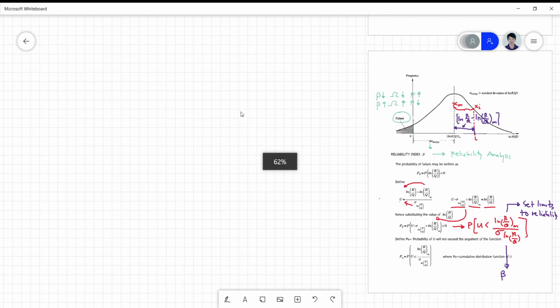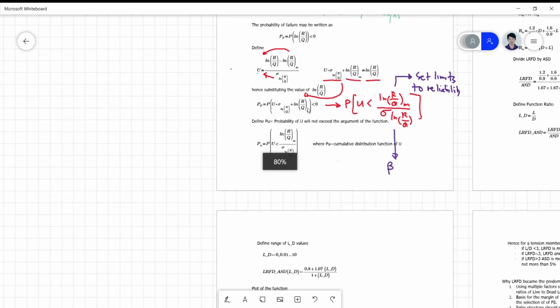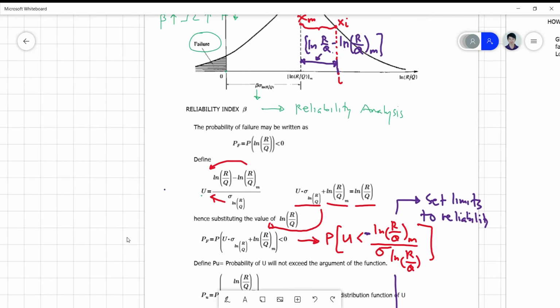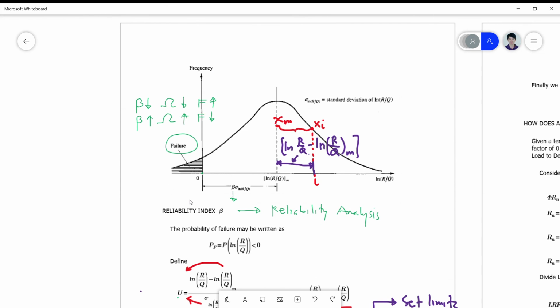Some of my students are looking into the transposition of this value. Why isn't this negative? Okay, the reason for that, class, is because for a failure to happen, we will talk more on the left side of the bell curve, which is here. So the failure in such a statistical representation is based on the left side of the curve, and hence xi is always less than x mean.